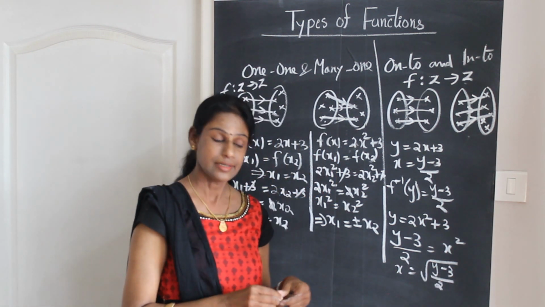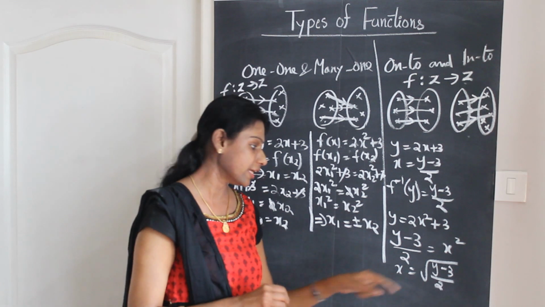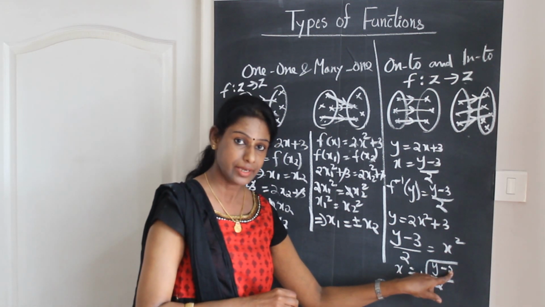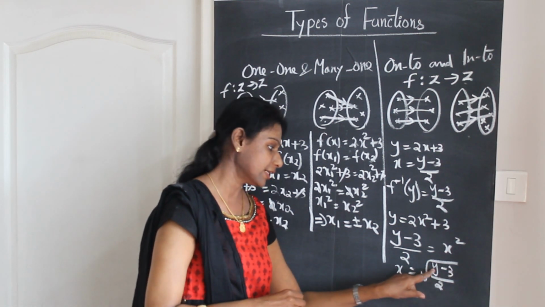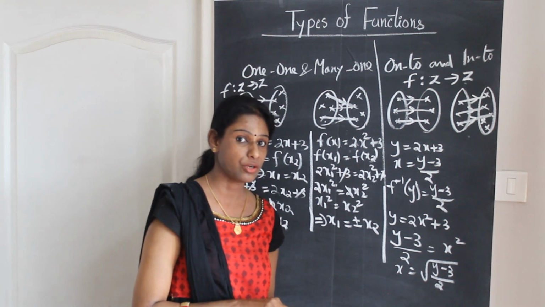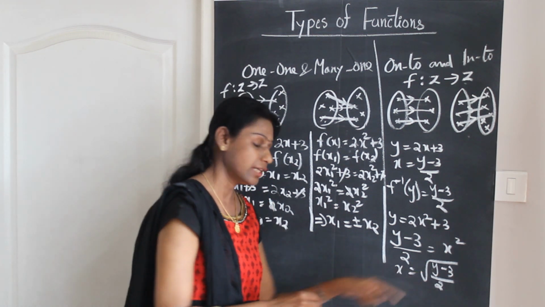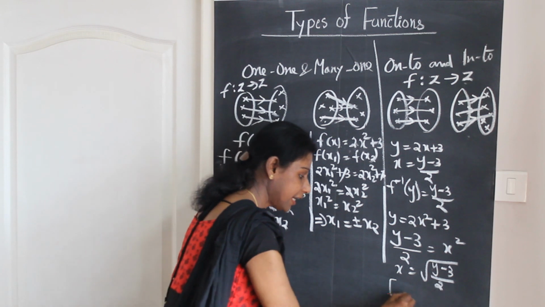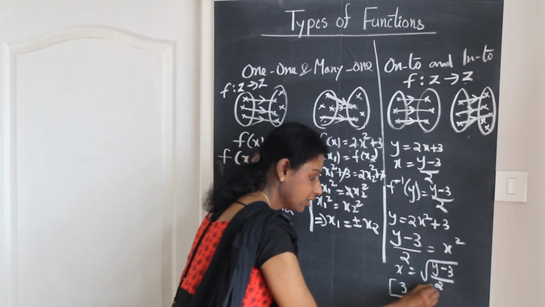Now when it is a square root function, we know that y minus 3 must be greater than or equal to 0, that is y must be greater than or equal to 3. So the range is 3 to infinity.